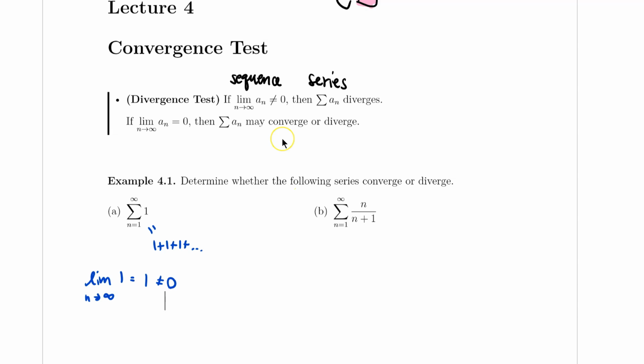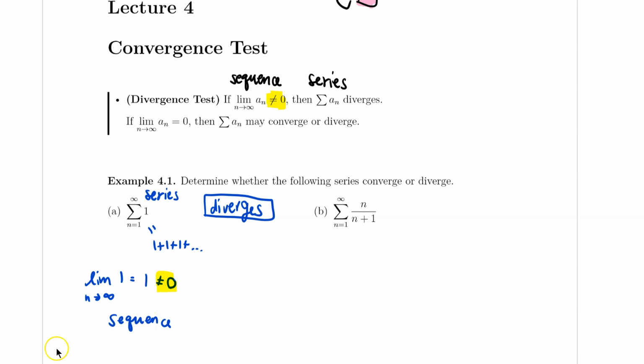So whenever the limit does not equal 0, I can conclude right away that this series is going to diverge. Note once again that to decide whether this series converges or diverges, I actually have to go back and look at the entries in the series, the thing that I'm going to sum, as a sequence.